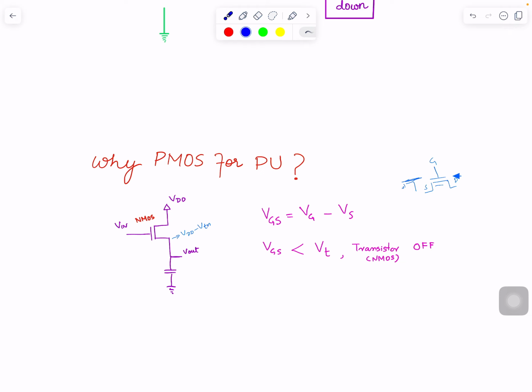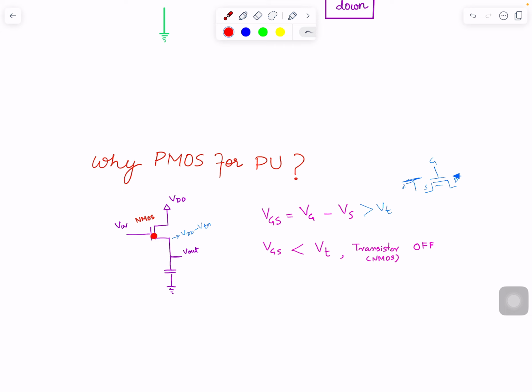Initially, we said the gate to source voltage of an NMOS needs to be greater than the threshold voltage VT. And this gate to source is the voltage at the gate minus the voltage at the source.